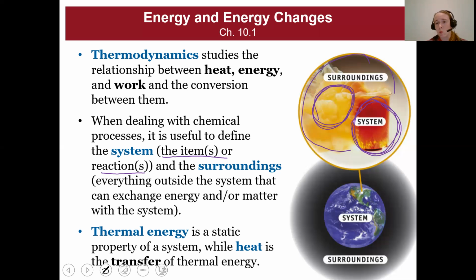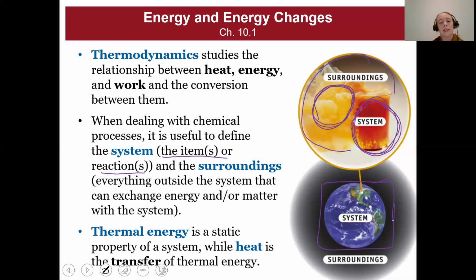A more general example is the Earth. If you want to include everyone in the world and everything in the world as part of your system, you're being very magnanimous, and you're thinking of the Earth as a whole, and everyone in it is part of your system, then everything else is the surroundings.